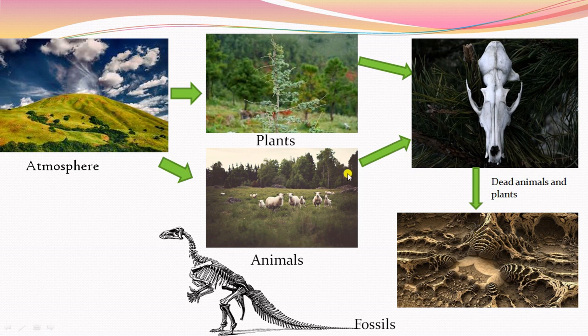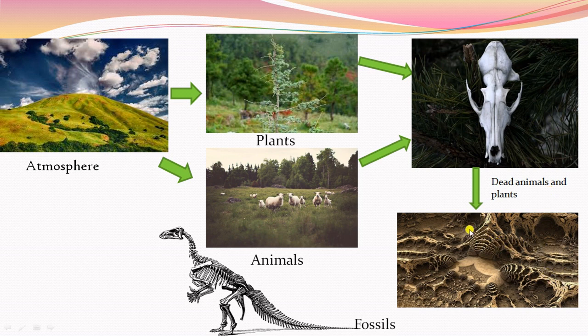When animals and plants die after completing their lifespan, the radioactive carbon present in the fossil, in the dead animals, starts decaying. Decaying means the half-life period, and it starts losing energy and reducing.